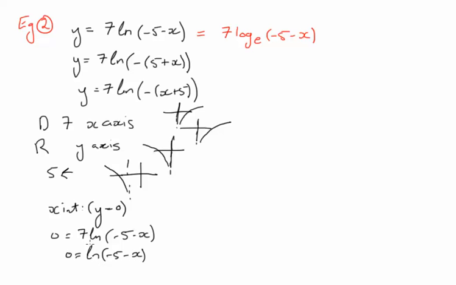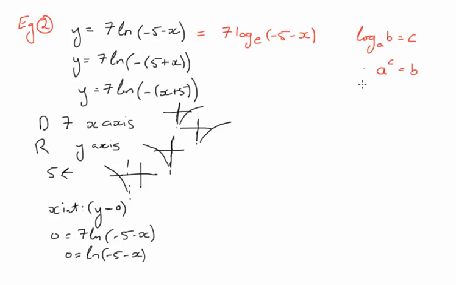Okay, so I'm going to do a quick side note because I remember we slipped up on this a bit. If you have log base a of b equals c, that's the same as writing a to the power of c equals b.